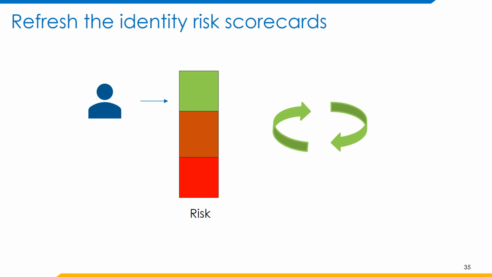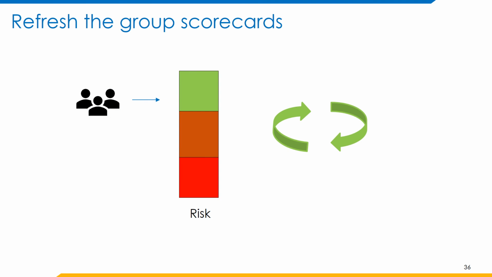With the help of this option, risk scorecards on the identity are recalculated and updated accordingly. The next option that we are going to consider as part of the risk related options is refresh group scorecards. With the help of this option, the risk scores of the groups can be refreshed.